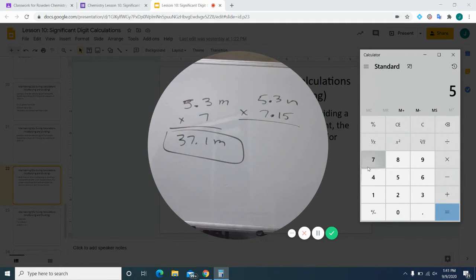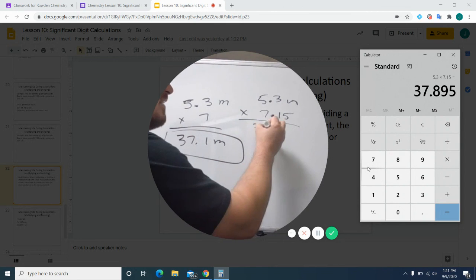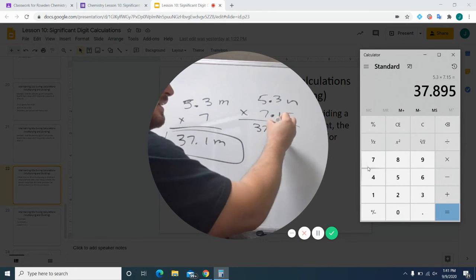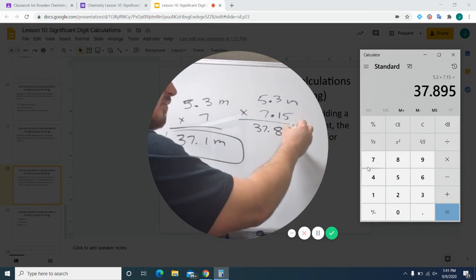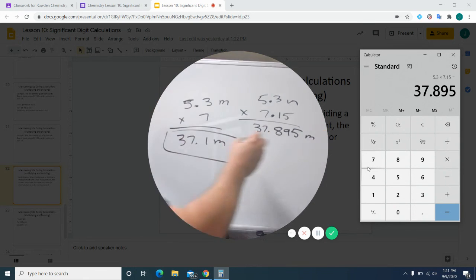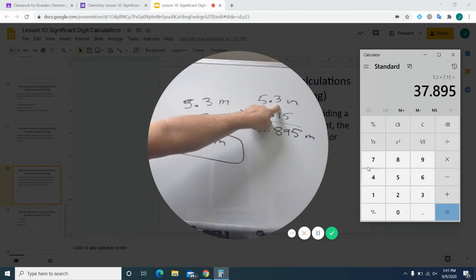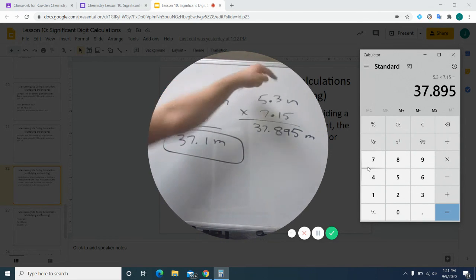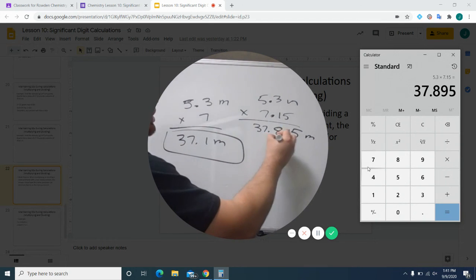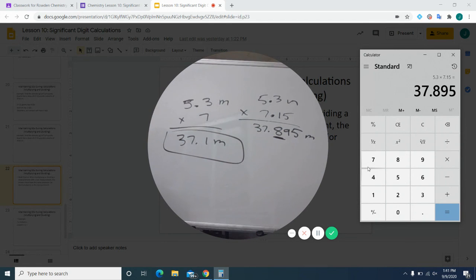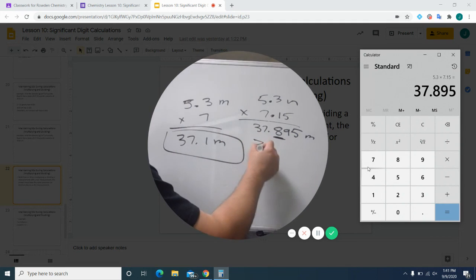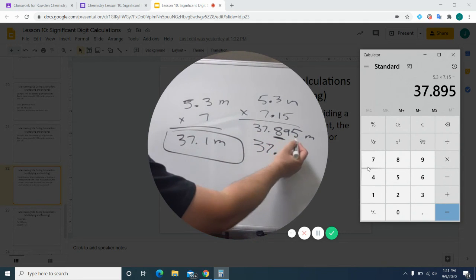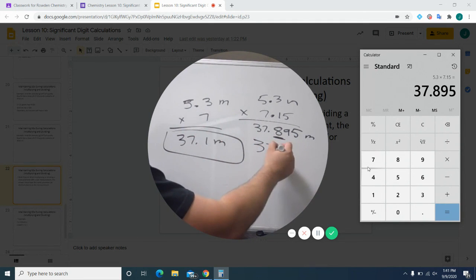So we'll do 5.3 times 7.15, and we get 37.895 meters. But what was the precision of this one? It's at the very first decimal place. So you round it, so that's the last actual value you have. So make it a 37.9. That will round up, so 0.9.